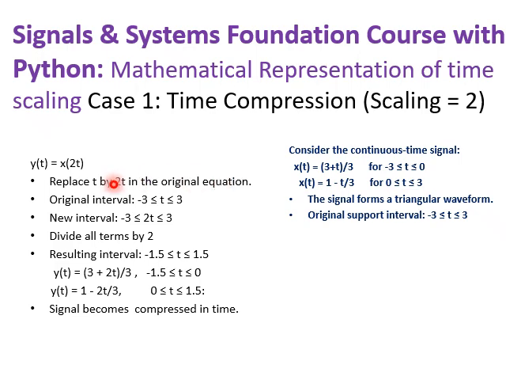So let's do the mathematics. The first step is to replace t by 2t. We see we have t here, so we will replace it by 2t. So we have written y of t, which is the scaled version of x of t, equals 3 plus, we have t here, so this t will be replaced by 2t, again divided by 3, so it stays the same.